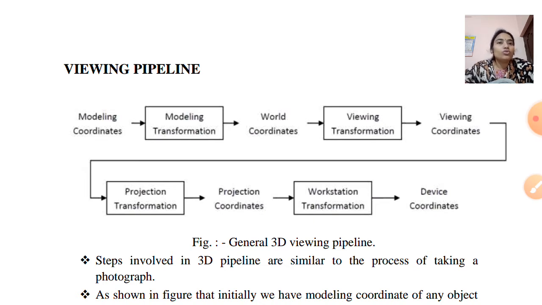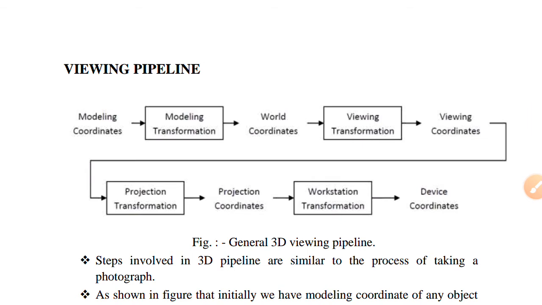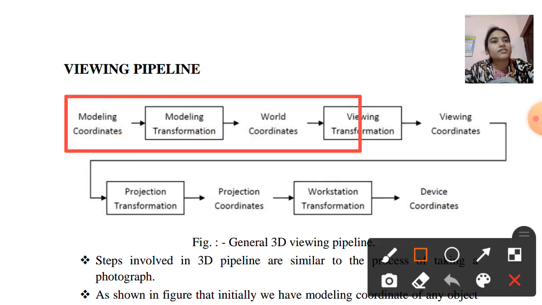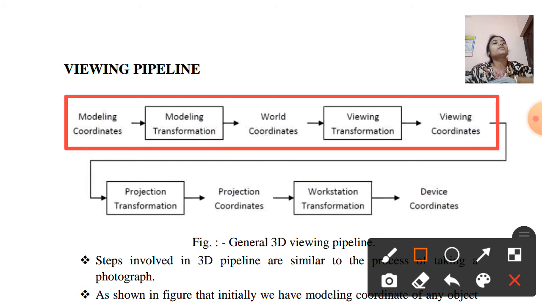Then we use the modeling transformation to convert it into world coordinates. After that, we convert the world coordinates into viewing coordinates, using the viewing transformation. Up to this point, this part is three-dimensional.